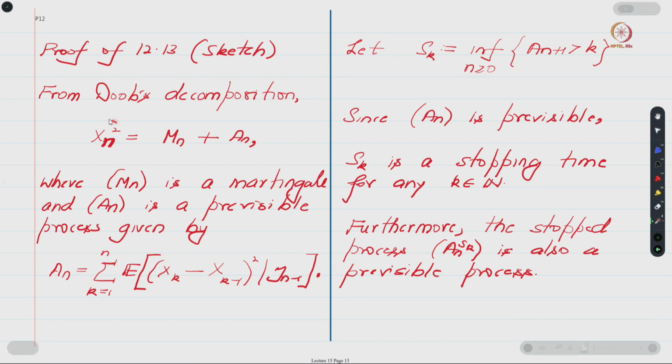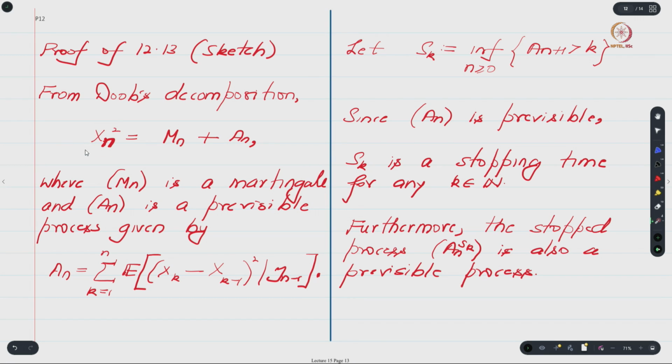So what we will do is first work with the square process, that is x_n squared. We know that since x_n is a martingale, this will be a sub martingale, and now since x_n squared is a sub martingale, we can invoke the Doob decomposition to conclude that x_n squared can be broken down into M_n plus A_n, where M_n is a martingale and A_n is a predictable process.